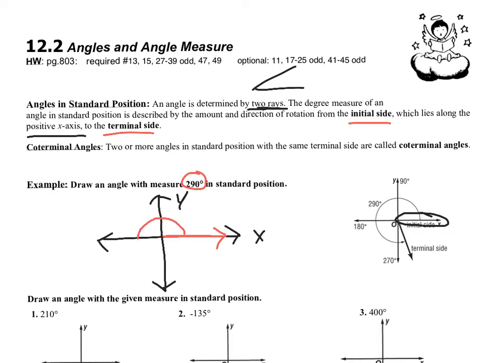I've gone 90, then 180, now 270. Now I have to go 20 more and stop there. Alright, so that angle is in standard position. This is your initial side here, and this is the terminal side.